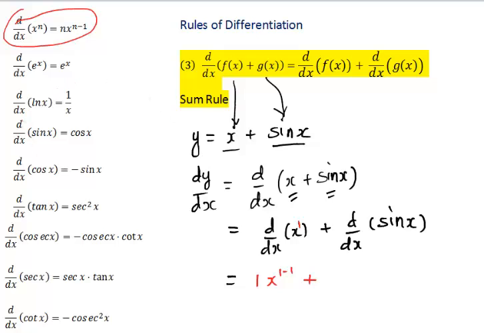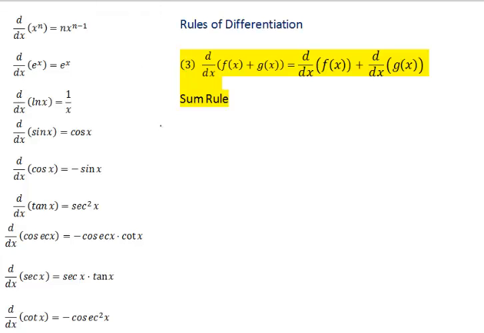You can apply the elementary formula that differentiation of sin x will be cos x. Now you see, this is x to the power 0, which will be 1, plus cos x. This will be the final answer. The differentiation of x will give you 1 and differentiation of sin x will give you cos x.